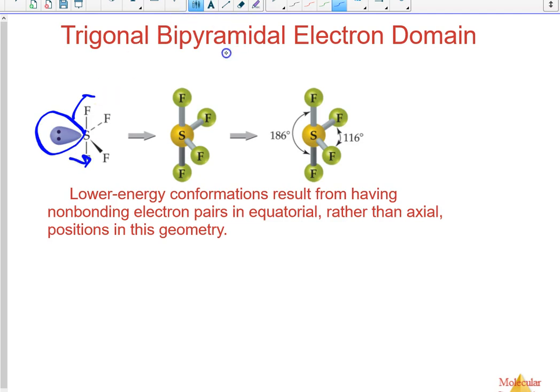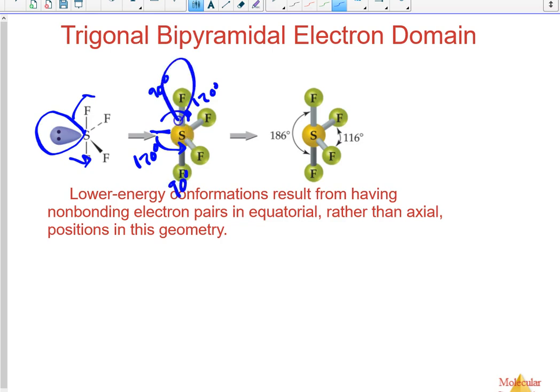So if we have a non-bonding pair in trigonal bipyramidal, it's going to go around the equatorial here, because then it only messes with things that are at 120 degrees and 90 degrees twice.